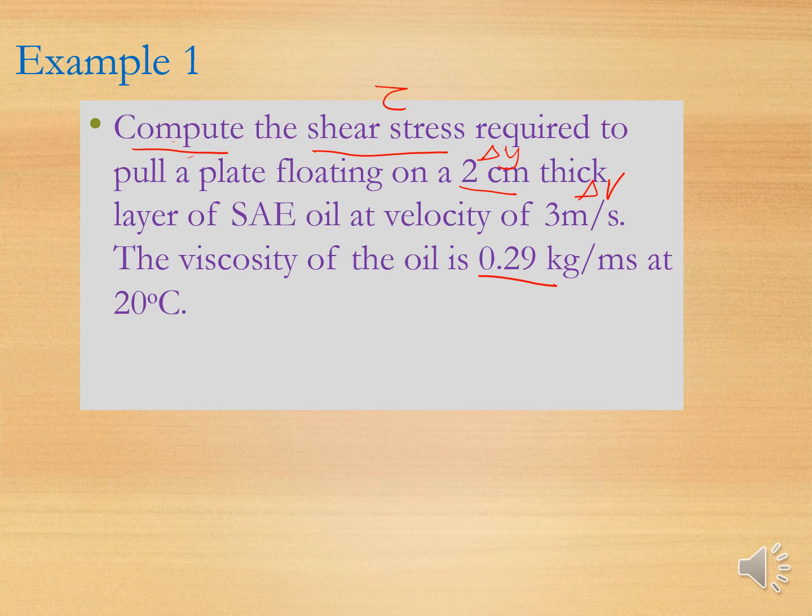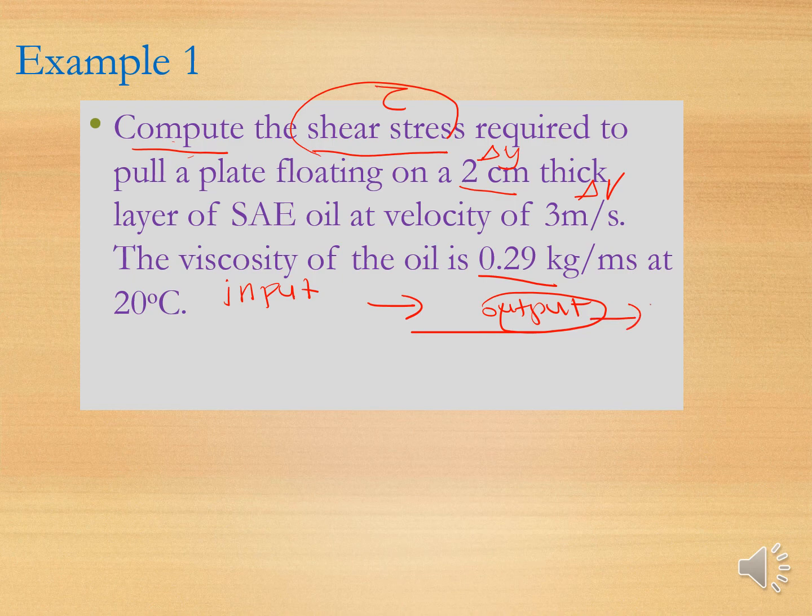First, what you need to do is get what the input from the question is and what the output expected is. Outputs means what the question asks you to determine. Of course, the question asks you to calculate the shear stress. What is the input or info provided?